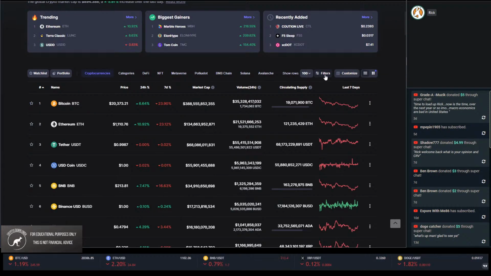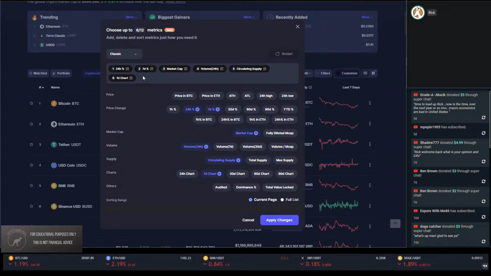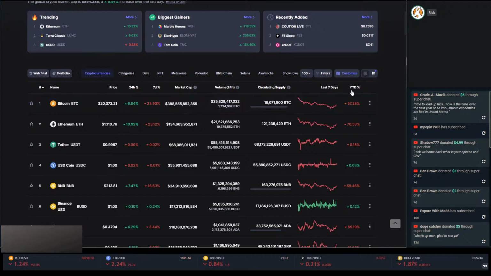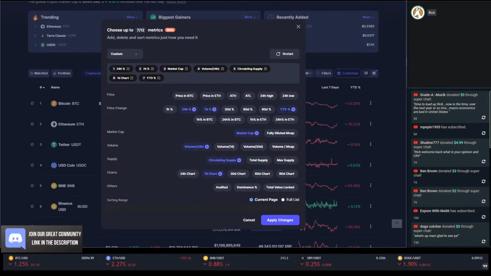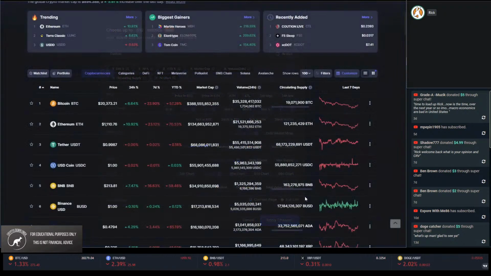Like how severe has it fallen from all-time high? Let me see. Customize price change. Yeah, year-to-date. Here we go. So we've got a year-to-date category. Let me move this along to just there. Okay.